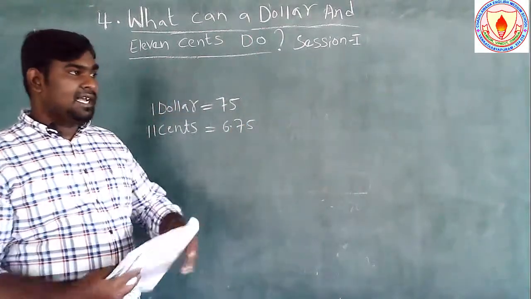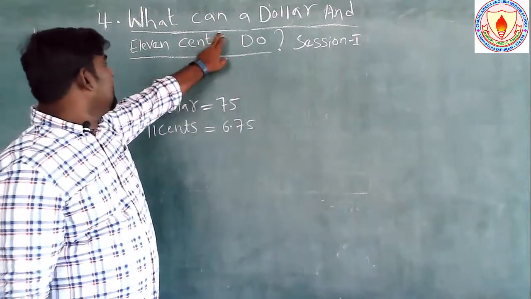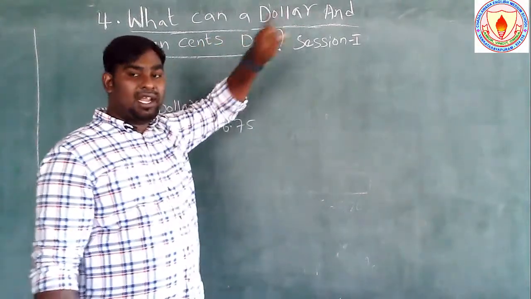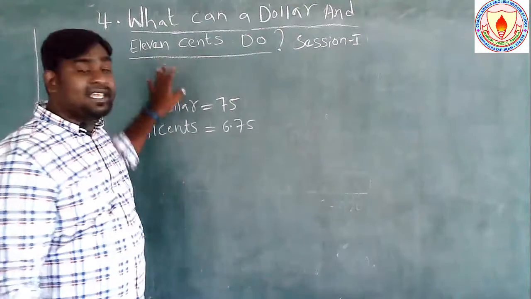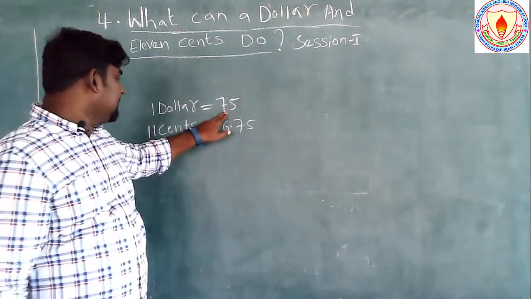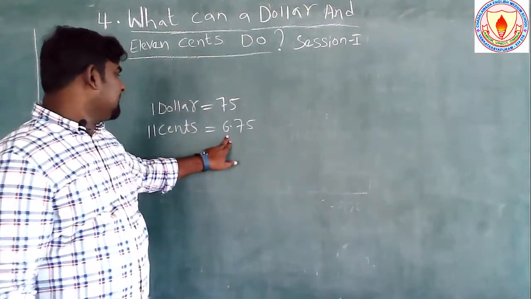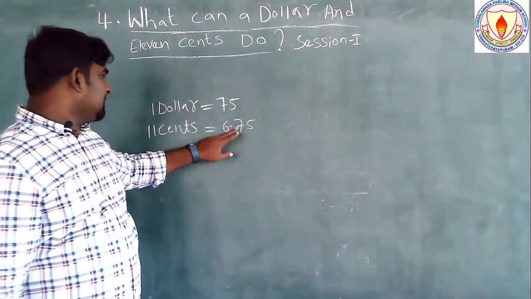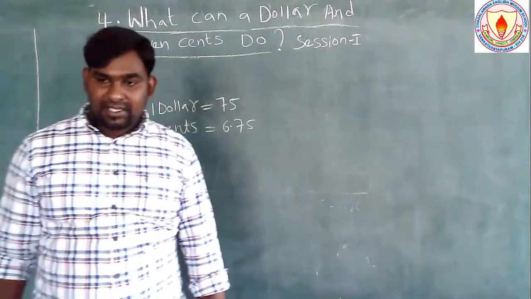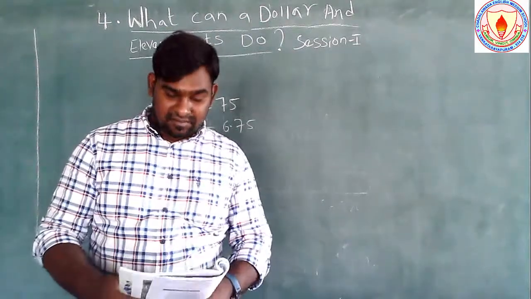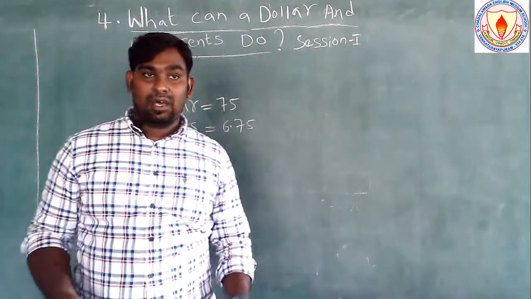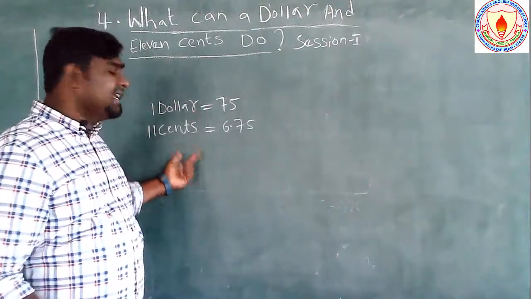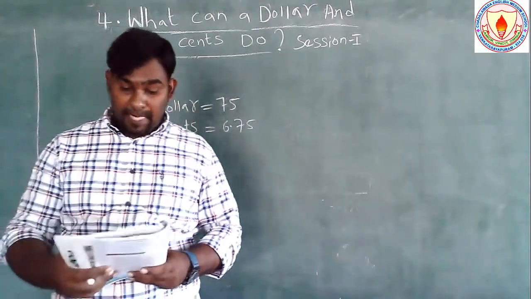So the title of our lesson says $1 and 11 cents, and totally 75 plus 6, 81, almost 82 rupees they have, right? Who is having this dollar and 11 cents? We'll see in the lesson.